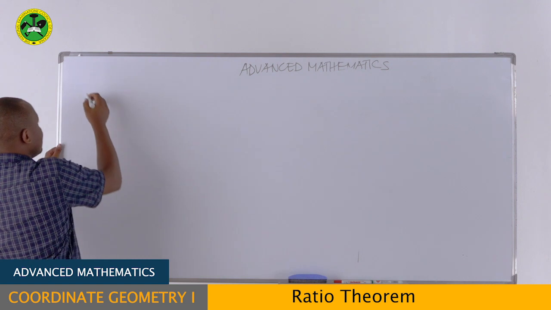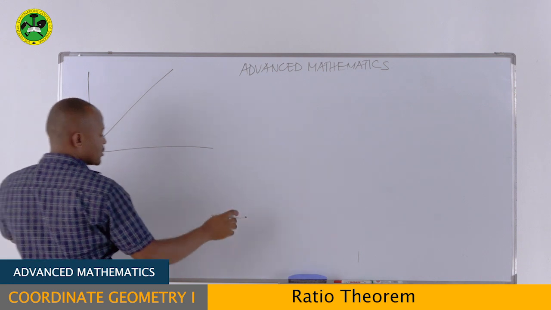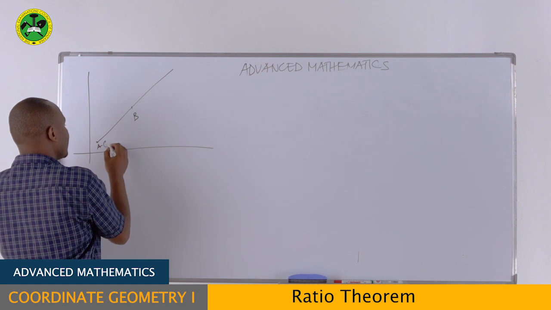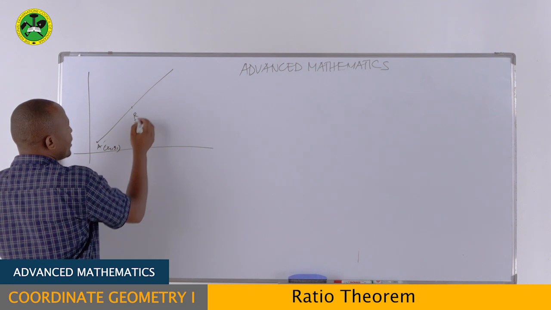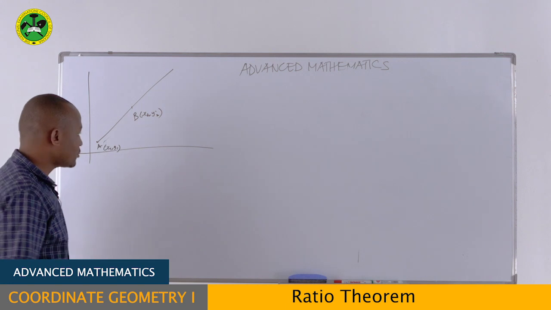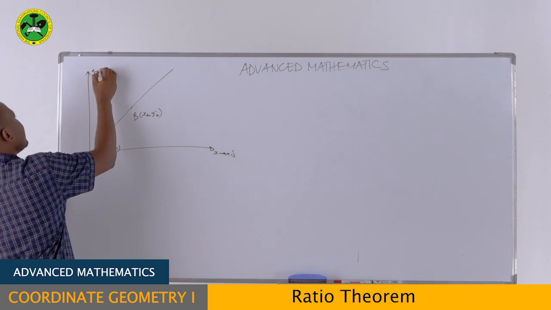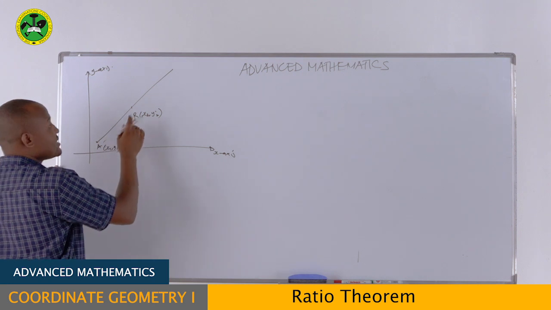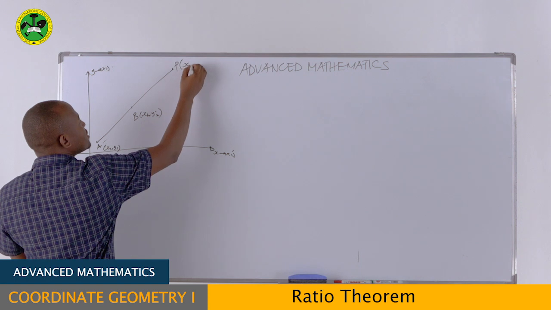So we have a line segment, and that is A. Then we have a point B. This is x1, y1, and this is x2, y2, and this is our x axis, and that is our y axis. Now we have another point that divides this line segment externally, that is point P, x, y.